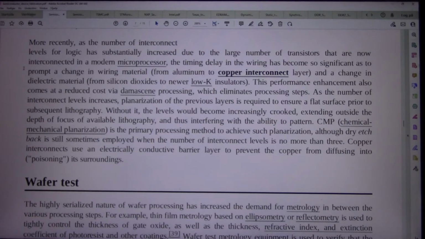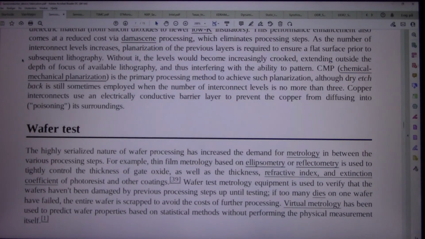As the number of interconnect levels increases, planarization of the previous layers is required to ensure a flat surface prior to subsequent lithography. Without it, the levels would become increasingly crooked, extending outside the depth of focus of available lithography, and thus interfering with the ability to pattern.